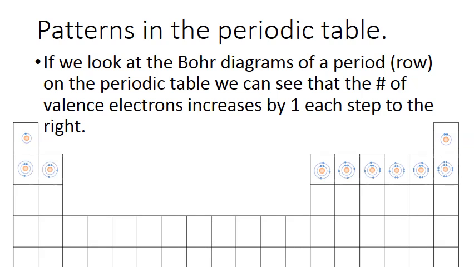In the second period, we have 1 and then 2 and then 3, 4, 5, 6, 7, 8 electrons in the valence shell. And then in the next period, we have 1, 2, 3, 4, 5, 6, 7, 8 electrons in the valence shell. And then in the fourth period, we only have 1 and then 2, and then we stop there because we stop at 20.